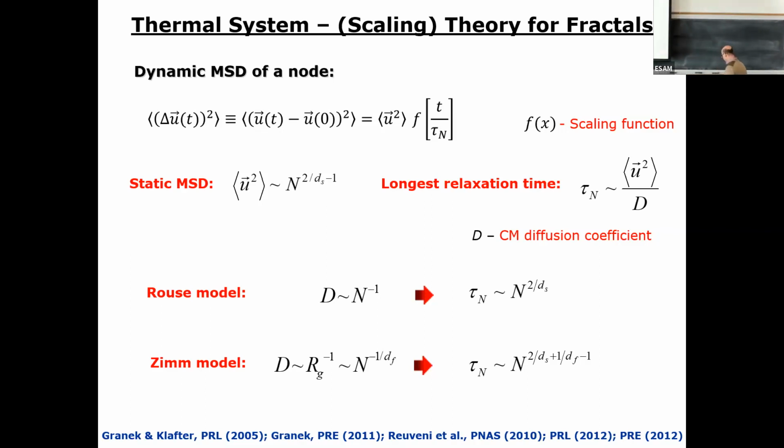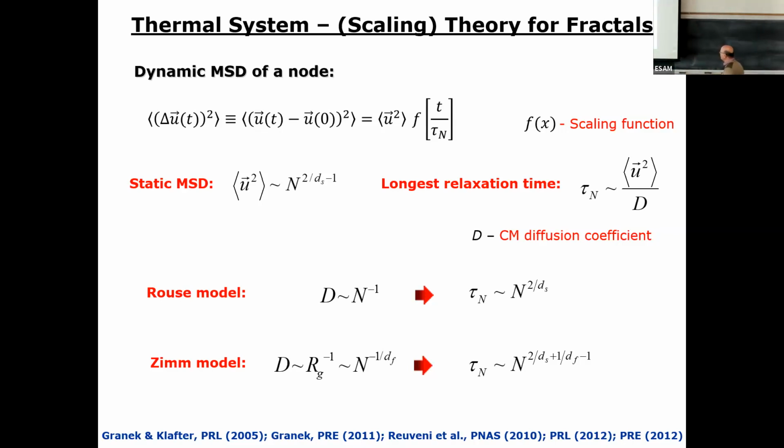And the other thing, you have to conjecture that the longest relaxation time is this static MSD divided by a certain diffusion coefficient, the center of mass diffusion coefficient. And you know that for the Rouse model, D goes like 1 over M because it's local friction. Each bead feels the local friction.